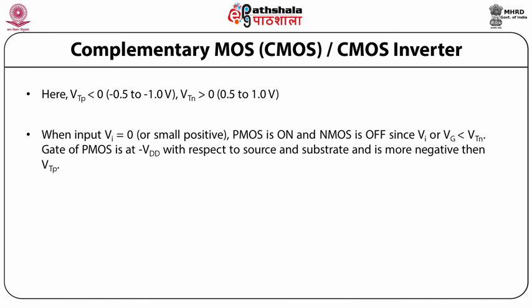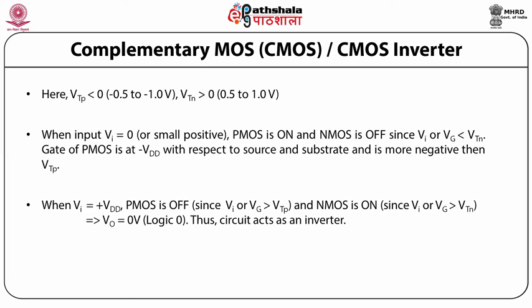When input Vi equal to 0, PMOS is on and NMOS is off. Since Vi or Vg is less than VTN, the gate of PMOS is at minus VDD with respect to the source and is more negative than VTP.